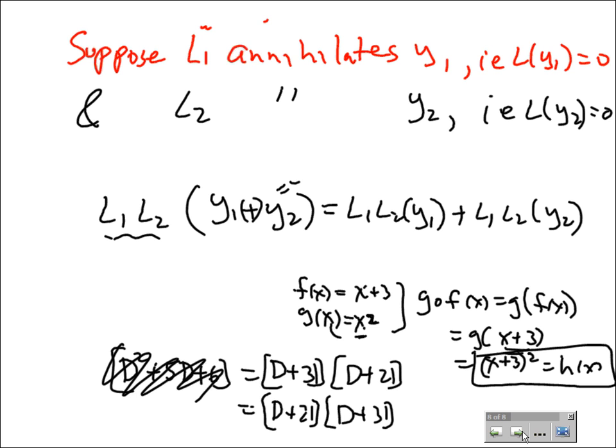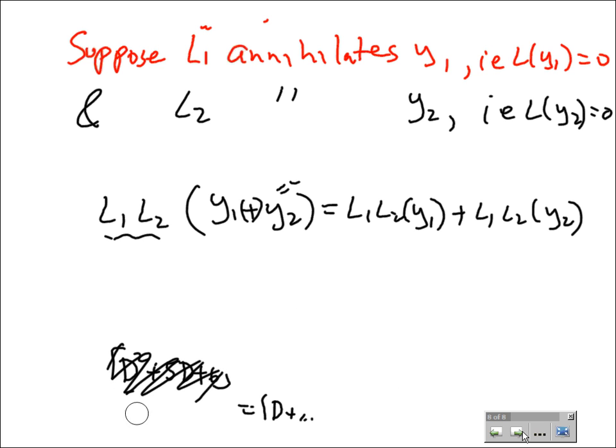Now, when you have linear differentiable operators, they're linear. That is, maybe with functions it doesn't work, but with linear ones, you can switch those two. That's why I don't always call them differential operators.